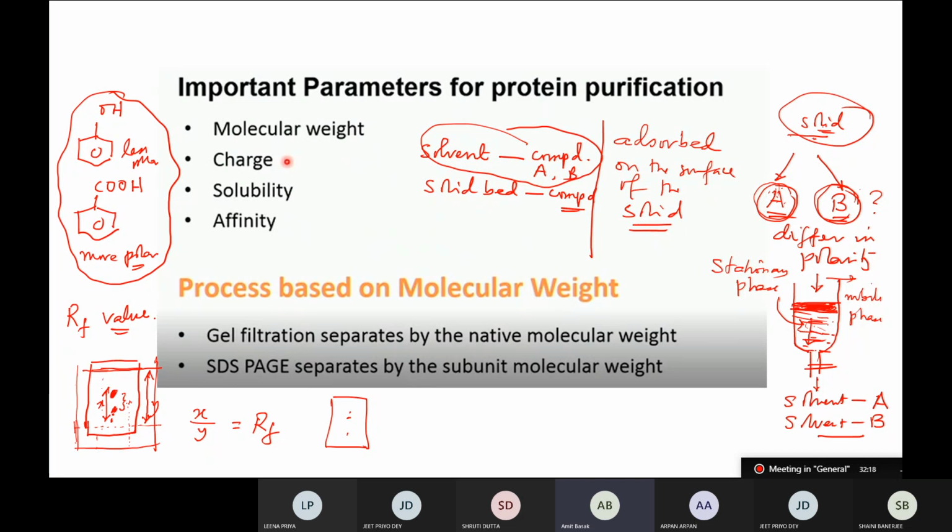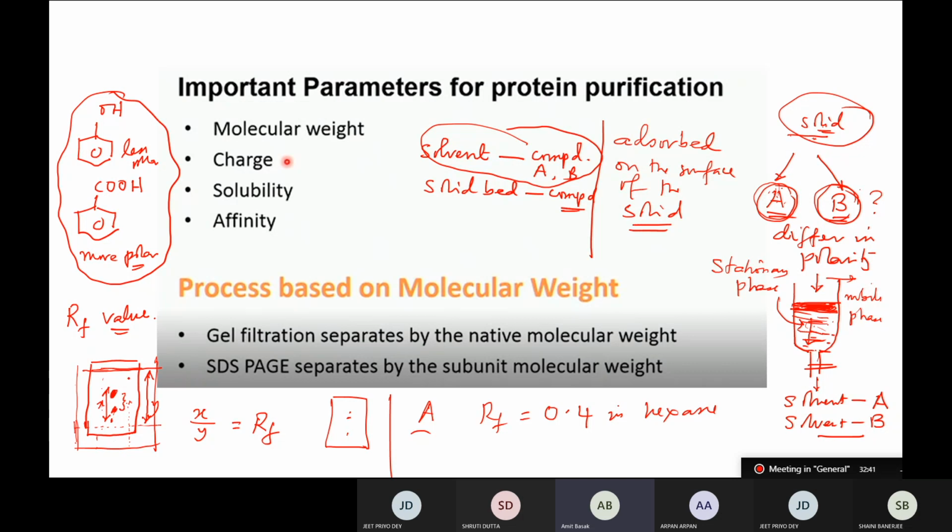If I use a solvent which is more polar, this is another question. Suppose I have a compound A which has an RF value of 0.4, say, in hexane. Hexane as the solvent, the hexane going upwards.